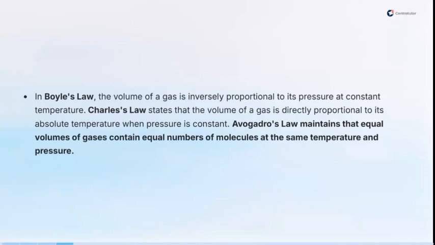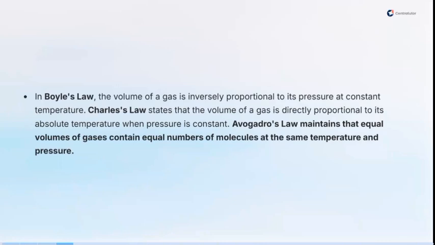These two laws were combined with another law known as Avogadro's law. Avogadro's law states that equal volumes of gases contain equal numbers of molecules at the same temperature and pressure. Due to the relationship with pressure and temperature, which Boyle's and Charles' law were also involved with, it also introduced an extra component known as the number of moles.